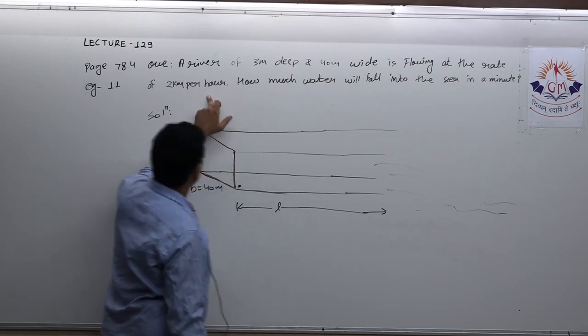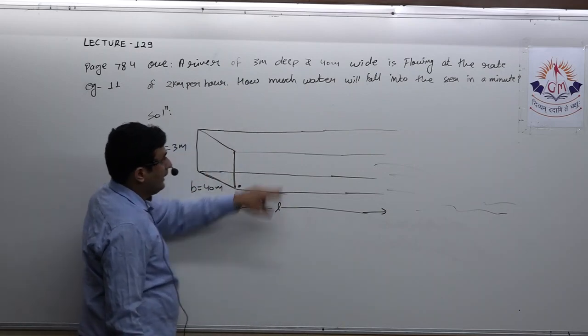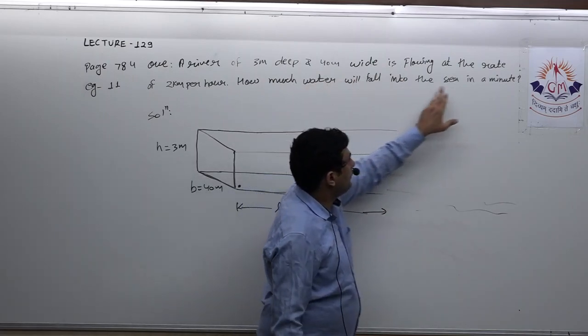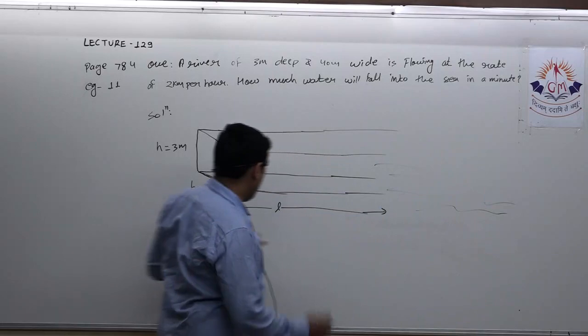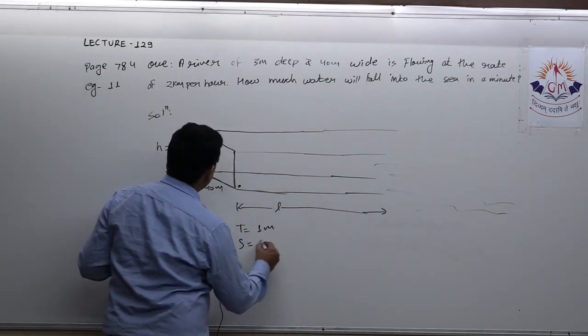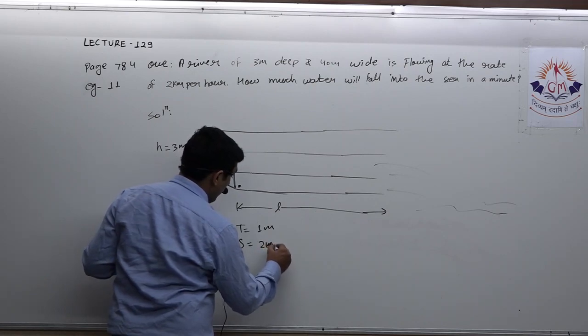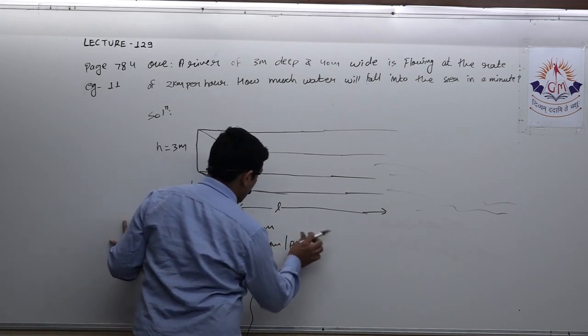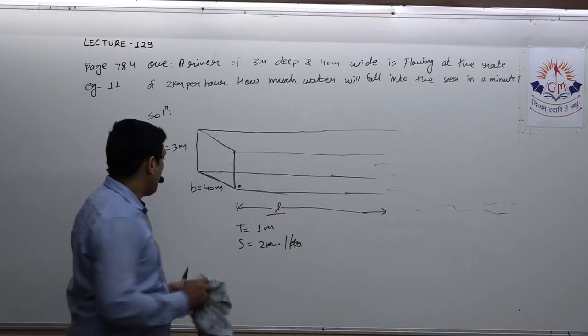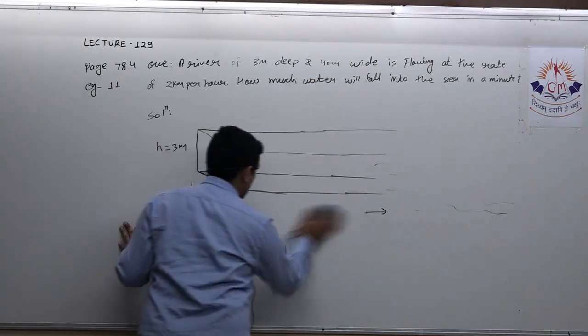What we have to find is how much water will fall into the sea in a minute, so time is 1 minute. Speed is 2 kilometer per hour. With the help of this I can identify the length of the river. So let us see how to solve this.